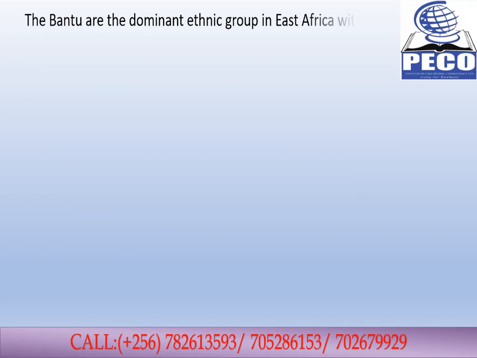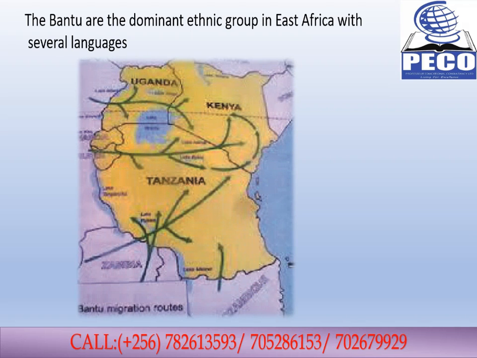Okay. The Bantu are the dominant ethnic group in East Africa with several languages. It is the biggest ethnic group. The Bantu make the biggest population of the people who are in East Africa.